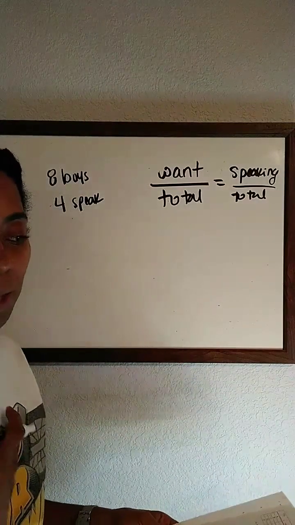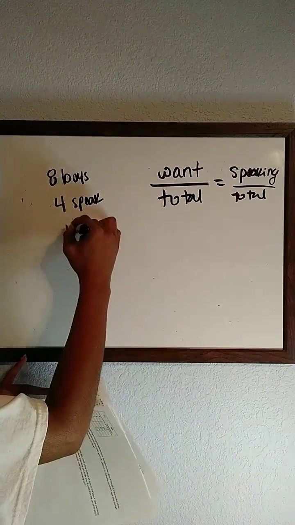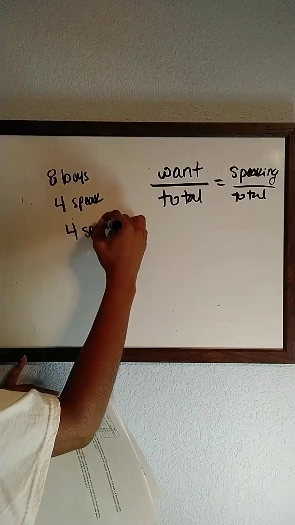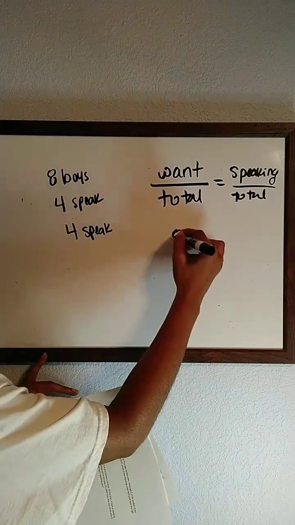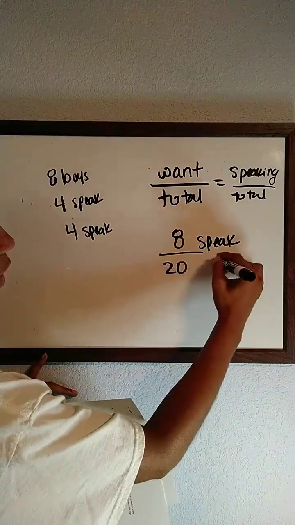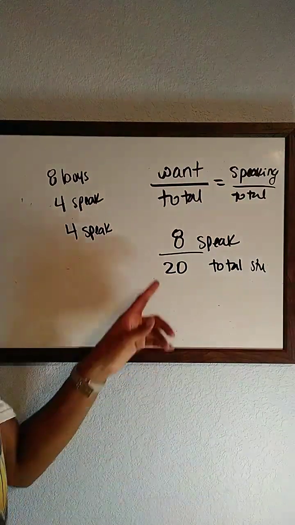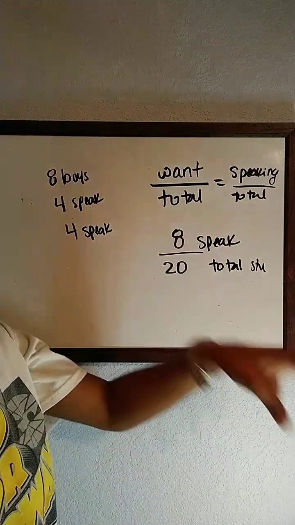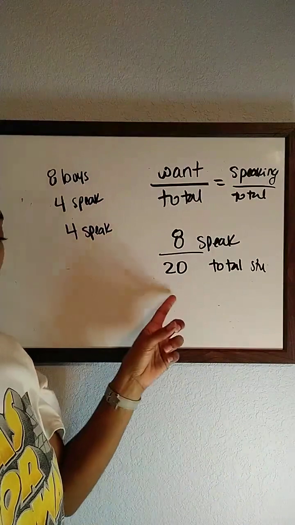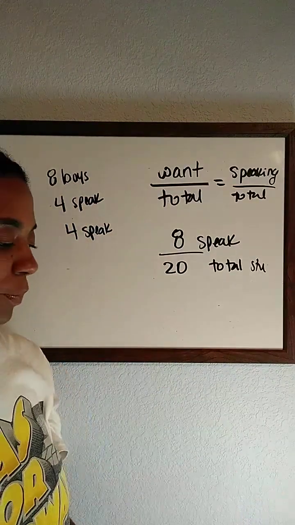So then I had to figure out how many did have a speaking part. And we found out that was 4 girls. So there's a total of 8 students that speak over 20 total students. So the probability of me getting a child that speaks will be 8 out of 20. Then you have to always simplify, right?